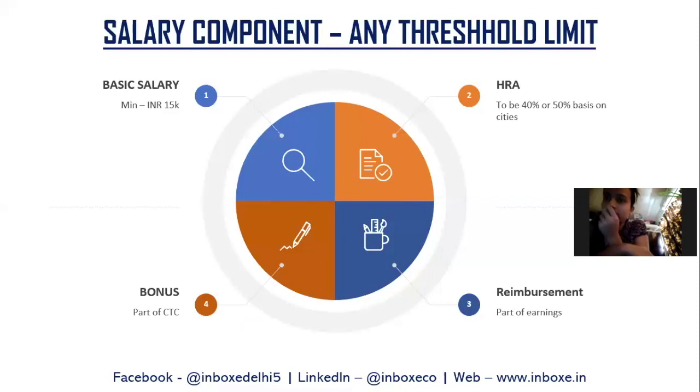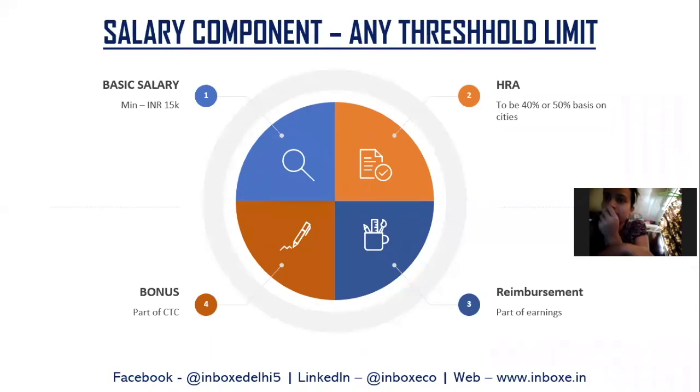If the employee is from any A or B based cities, like Delhi, Mumbai, Bangalore, then their HRA should be 50%. And other than these A category cities, it could be 40%. But again, it totally depends on the organization whether they want to give you 40% or 50%.